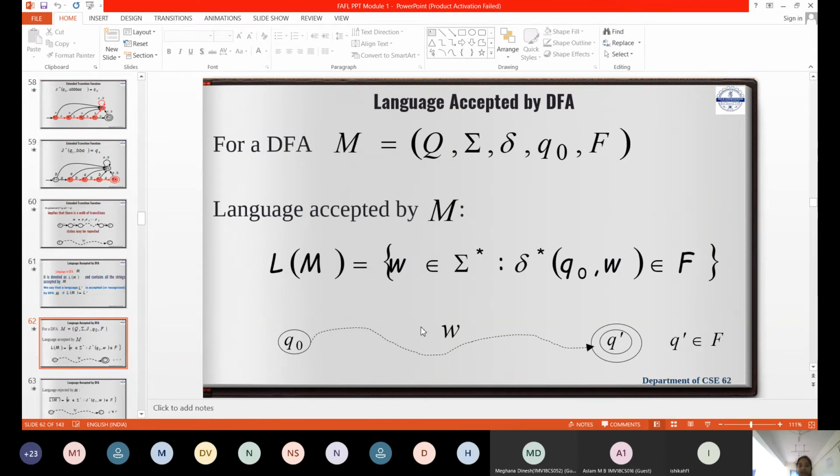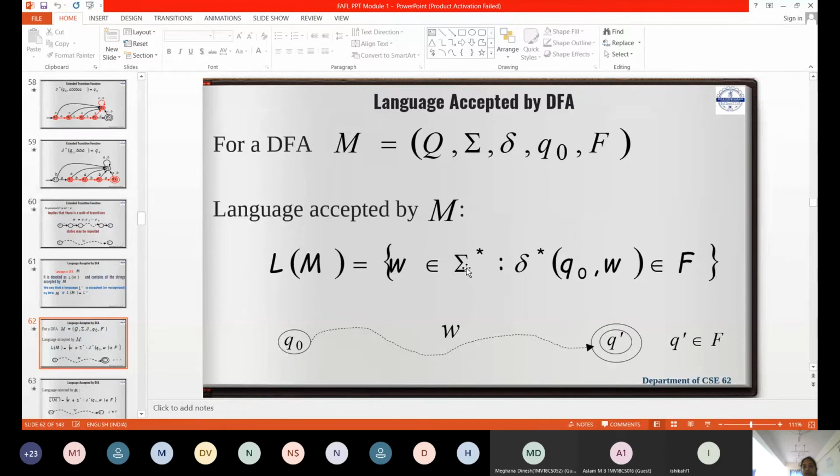When you apply the extended transition function over the string, you have to reach your final state. Is it or not? You have to reach your final state. This is a very, very important representation. How do you represent the language accepted by the machine M? When do I say that the language is accepted by the machine? It contains strings.